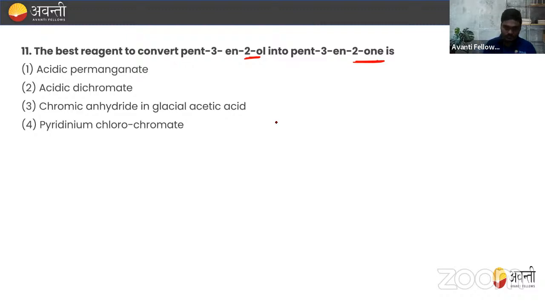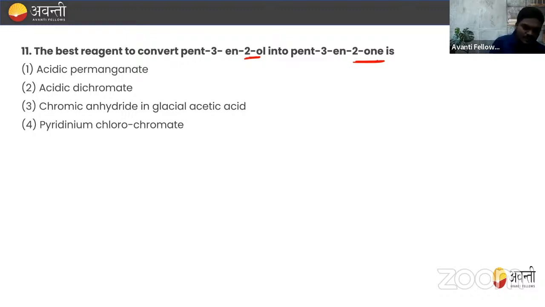So what method do you use for this conversion, that is, the best reagent to convert this into this? The options are acidic permanganate, acidic dichromate, chromic anhydride in glacial acetic acid, or pyridinium chlorochromate.